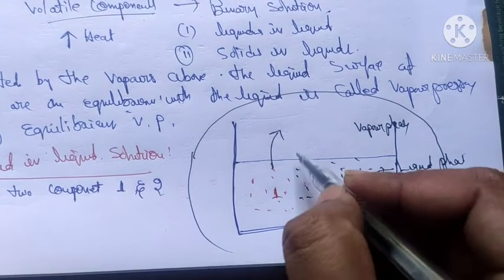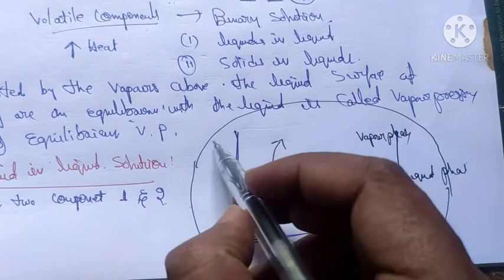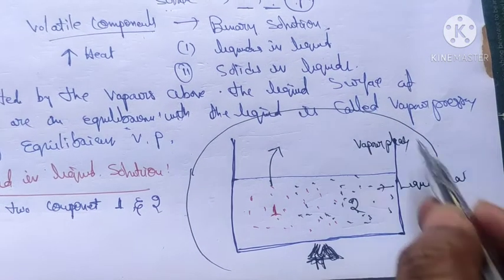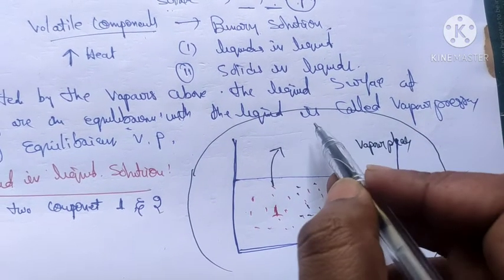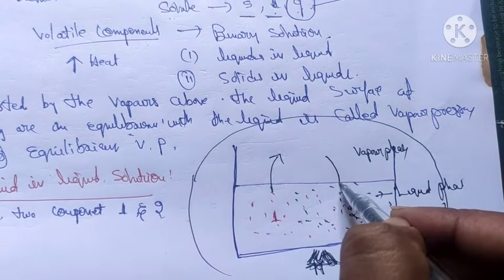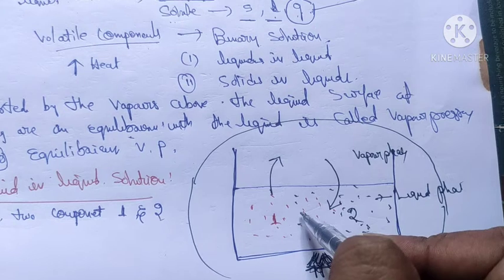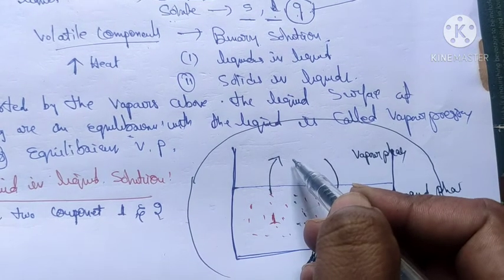The vapor phase is in a closed vessel, the pressure is exerted, and the vapor phase of the components moves to the liquid phase, then the liquid phase moves to the vapor phase.